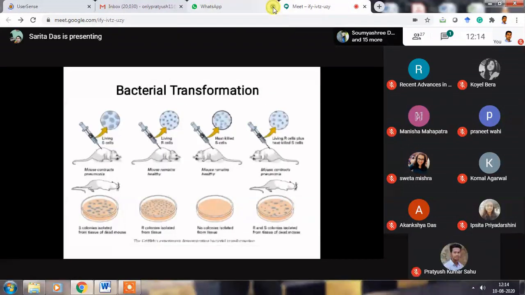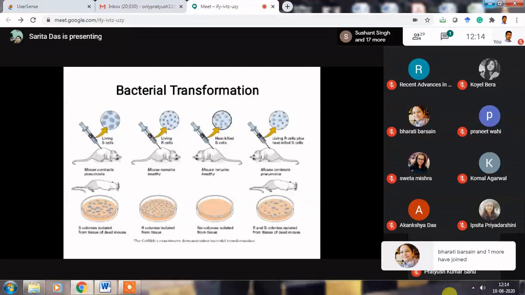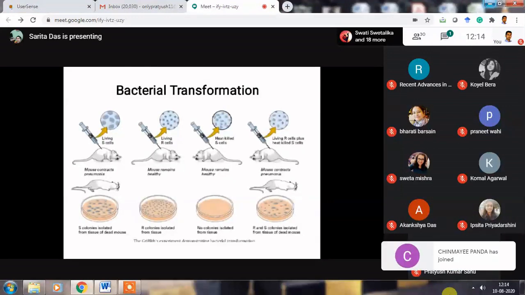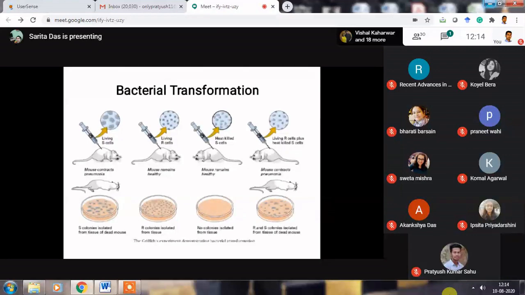So before going into the real topic, we need to know about the background and those major discoveries which opened the doors for molecular medicine. And to account for that, the first discovery is on the transferability capacity of DNA.